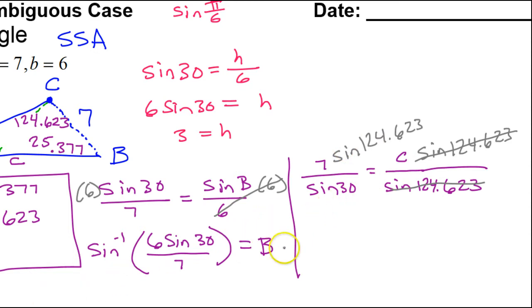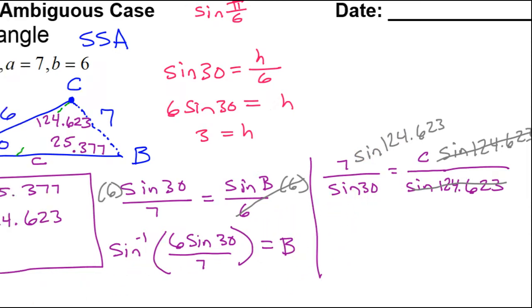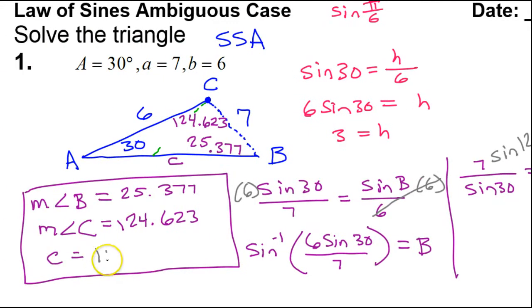That's giving me that C is 11.521. And that's it for number 1.